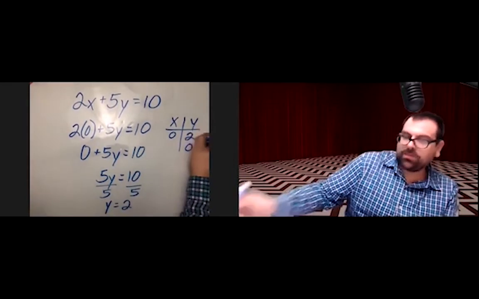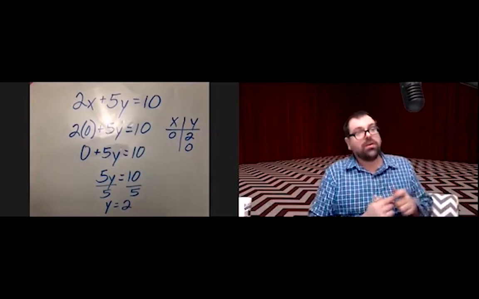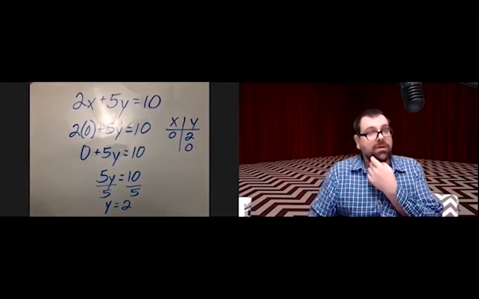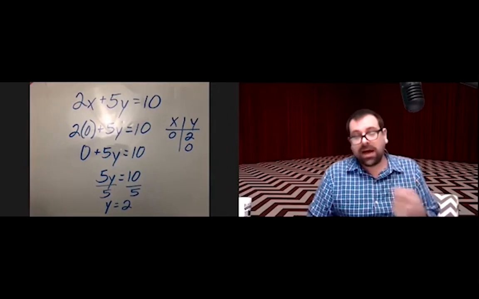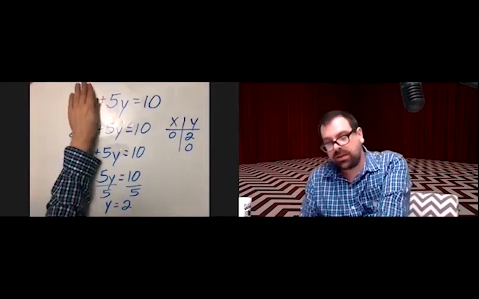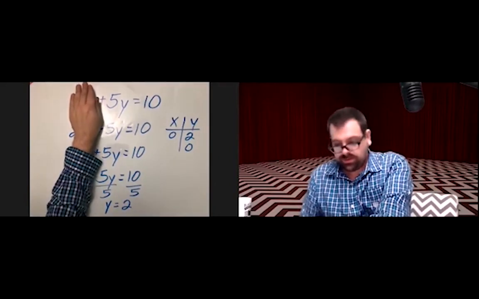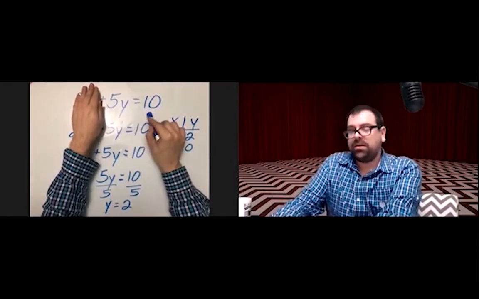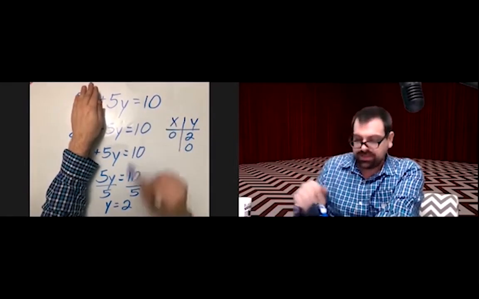We get y equals 2. The googly eyes method, it's also called the cover-up method. Why? Because when we plug 0 in for x here, that x goes away. And we can see 5y equals 10, y has to be 2.